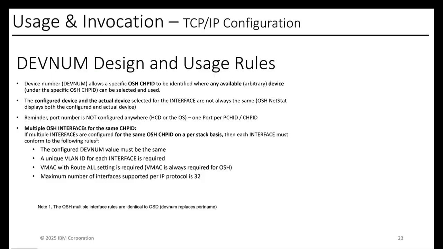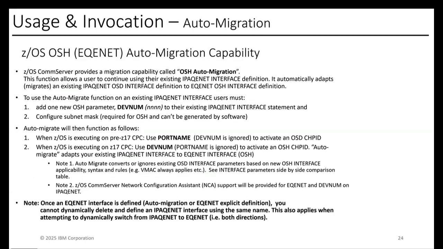Okay, so Jerry mentioned on the intro chart what's on the agenda. You have the choice going forward: you're getting all new hardware, and generally customers don't like to make software configuration changes at the same time. But since you have a new OSH feature here, now you don't have a choice, but you have a choice in that you can actually tweak your old definition if you feel more comfortable doing that.